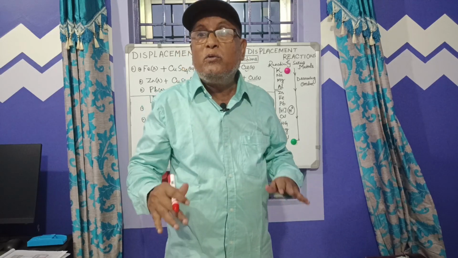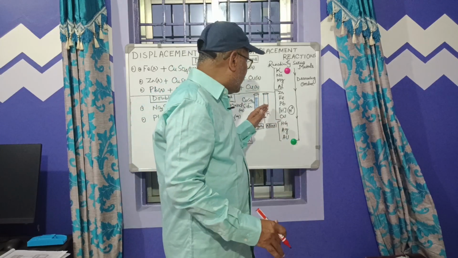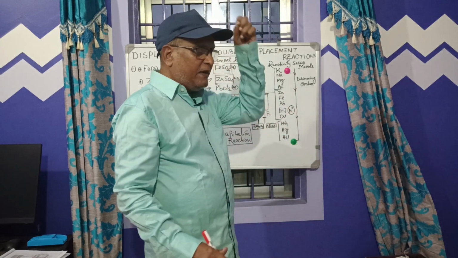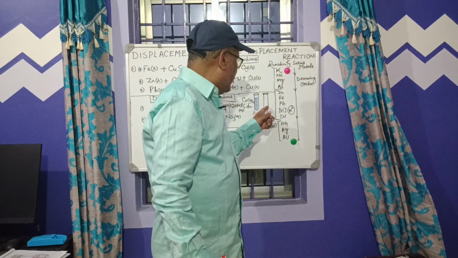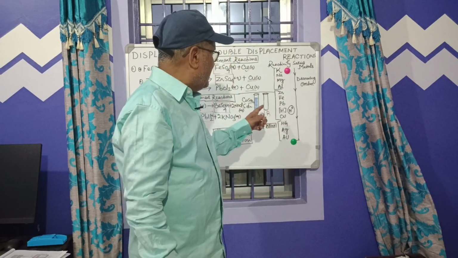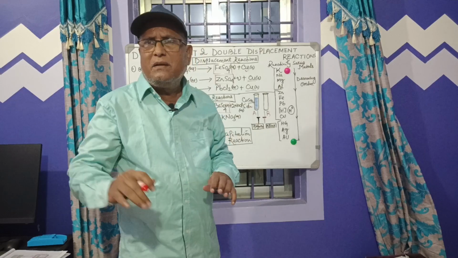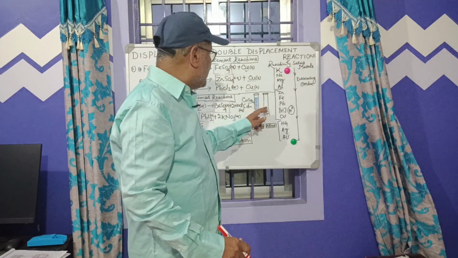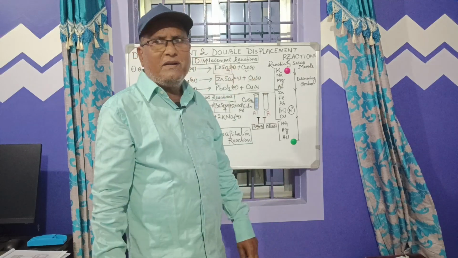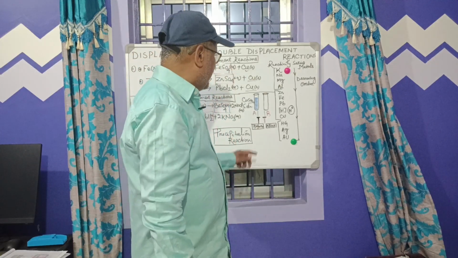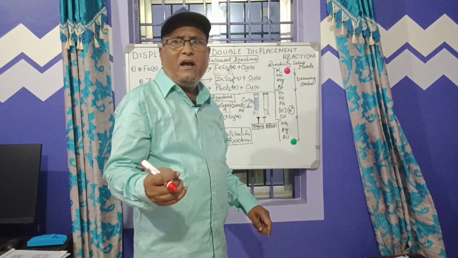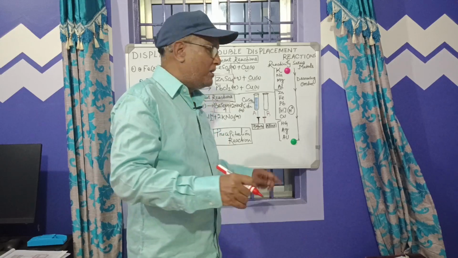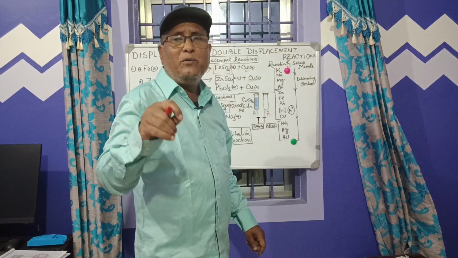Then what will you observe? After 20 to 25 minutes, if you take away the iron nail, you will observe two things. The blue color fades, meaning it has turned into light green due to formation of ferrous sulfate. Another observation: the iron nail has turned brownish.